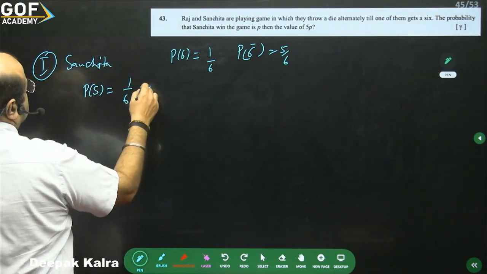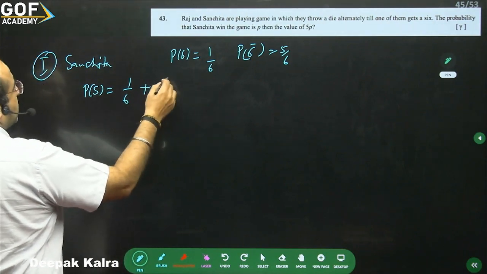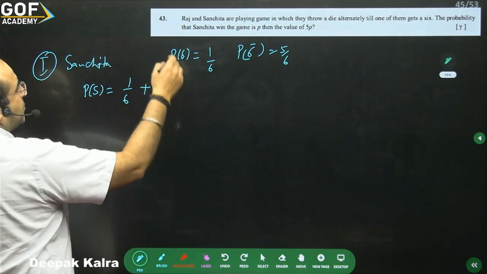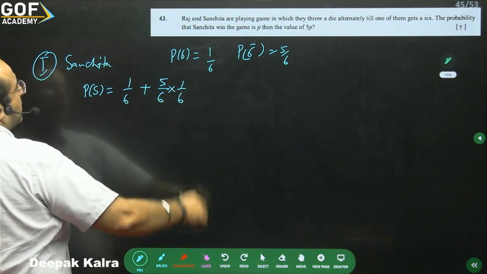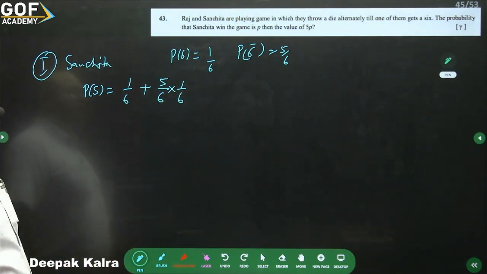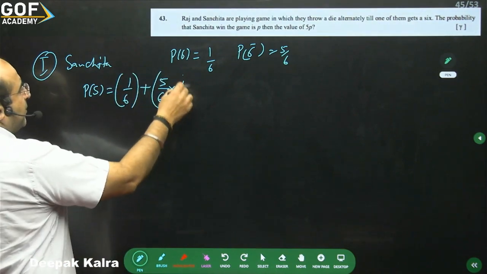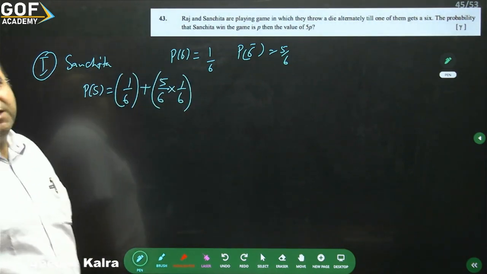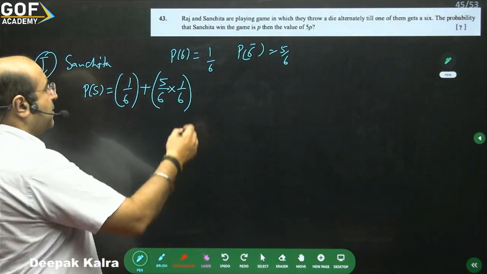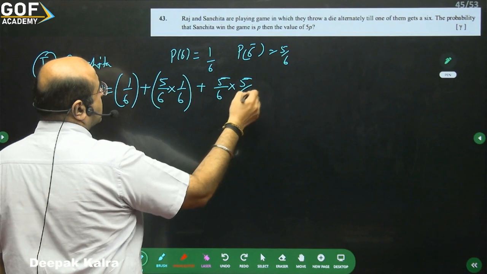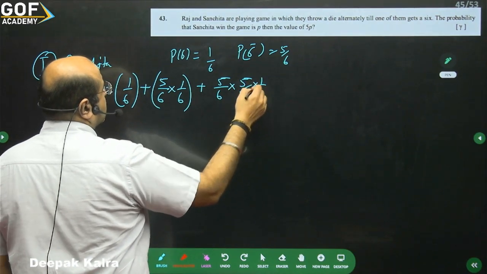So she wins. I want her to win. She gets 6 on her first throw. Or she didn't get it. Raj, the die will roll. Raj should not get 6. Then Sanchita will get the die. She wins. This is the first type of game. This is the second type of game. This question you must have done. It is a problem of infinite series, right? Then you have 5/6, 5/6, then 1/6.